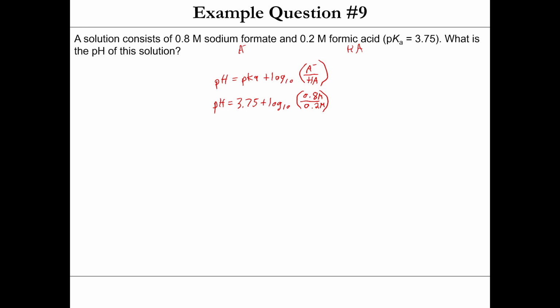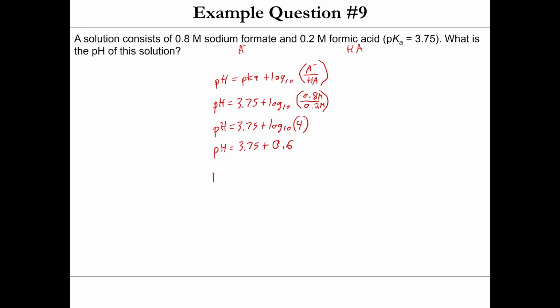Now we can simplify this a little bit more. pH equals 3.75 plus the log base 10, and 0.8 over 0.2 is 4. So pH equals 3.75 plus the log base 10 of 4, which turns out to be, if you plug that into your calculator, 0.6.